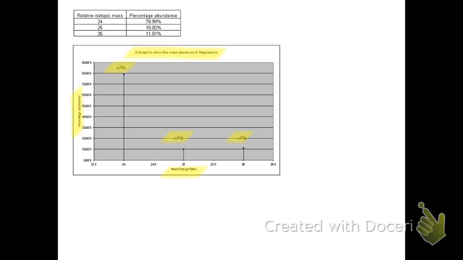How often these isotopes, these atoms, occur in nature. And so you can see here that magnesium 24 has a percent abundance of 78.99%. So basically most of the element magnesium is made up of magnesium 24 isotope. Magnesium 25 is only 10% found in nature, and magnesium 26, 11% found in nature.